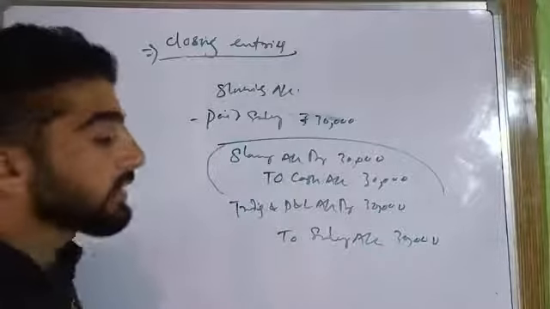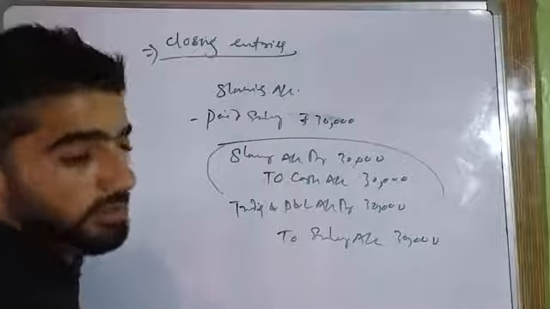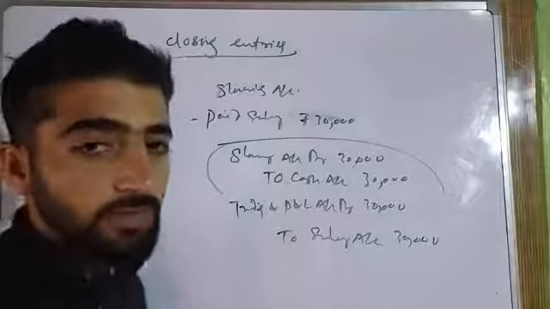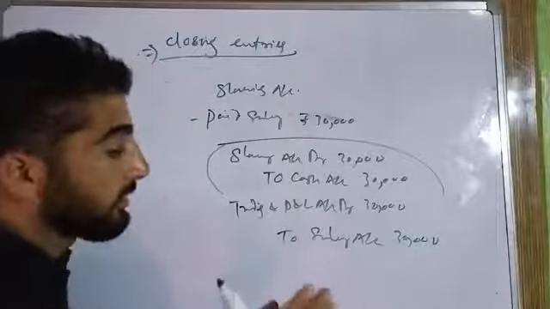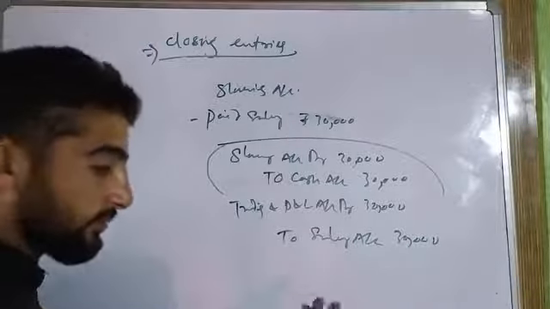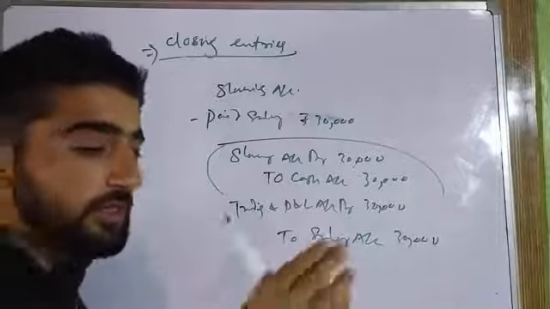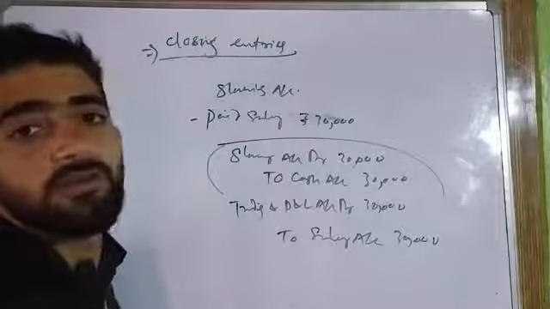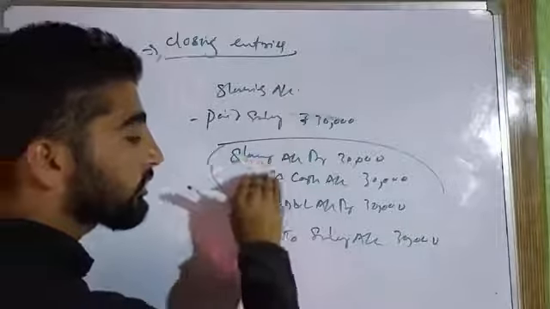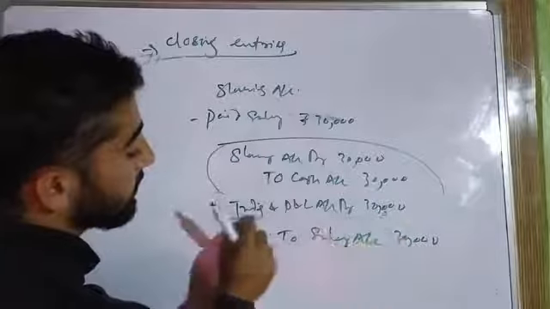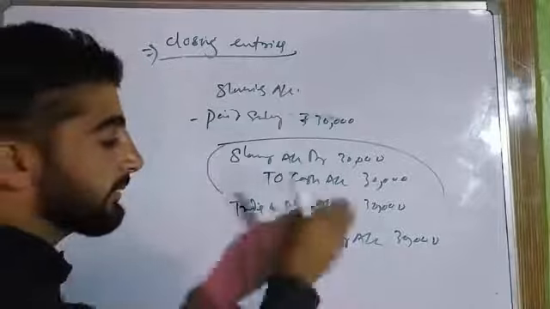Just remember a thing: whenever we close the nominal accounts, we will have to remember which aspect earlier we have followed. In case of the salary, earlier we have given debit to it. Now when we are going to close it, we will have to give credit to it. When we give credit to it, it is closed and its balance is transferred to trading and profit and loss account on the debit side.